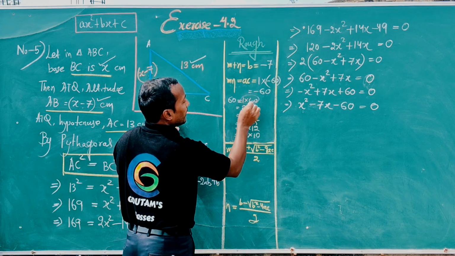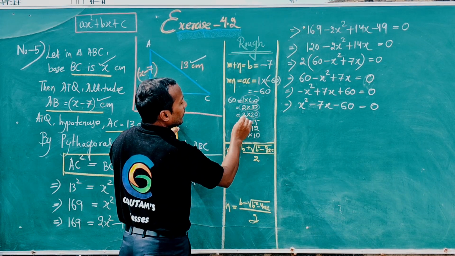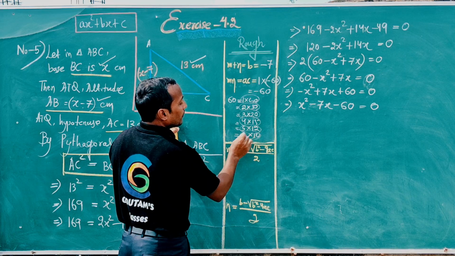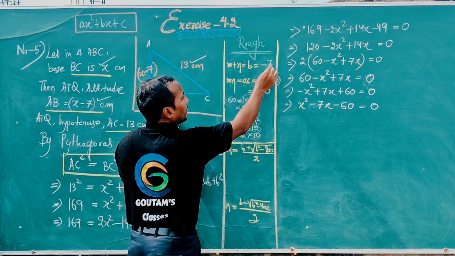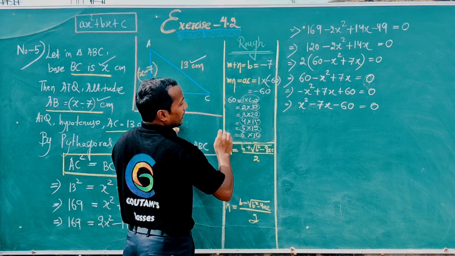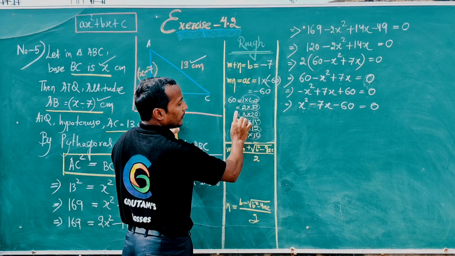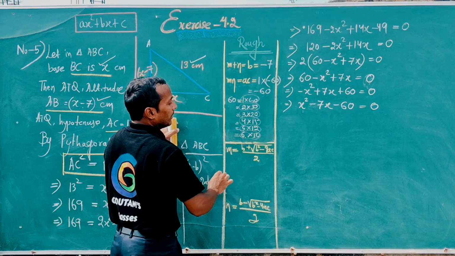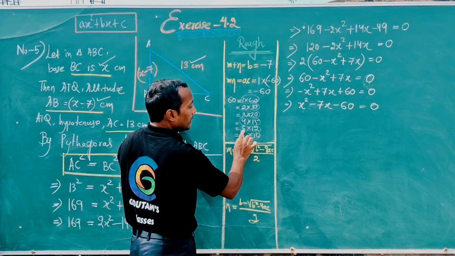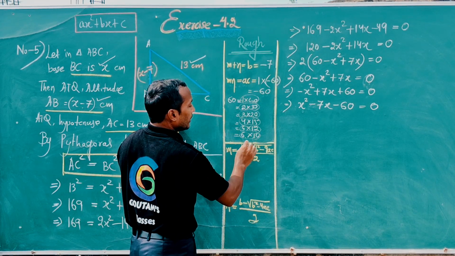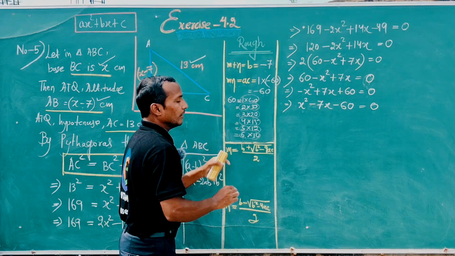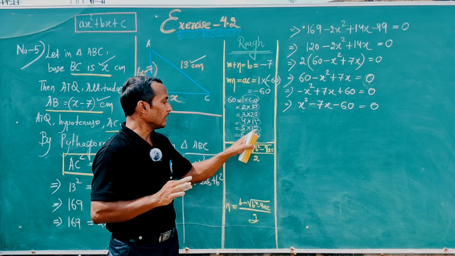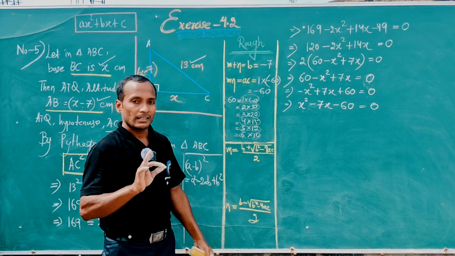Now each pair gives you product 60, but which pair gives you sum or difference equal to 7? Let us check that. 60 and 1, no. 2 and 30 cannot give you sum or difference as 7. 4 and 15, no. 5 and 12, yes, they give you the sum or difference equal to 7. Sum is 12 plus 5, 17. Difference of 12 and 5 is 7.